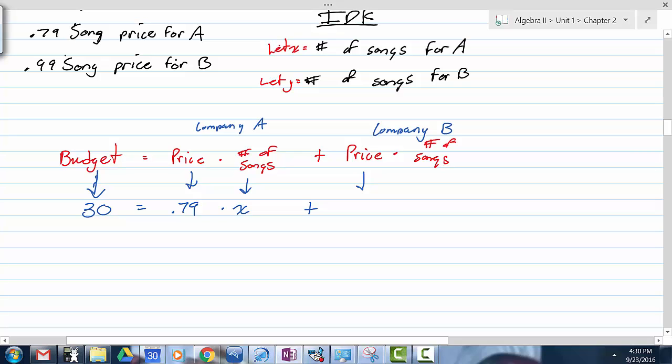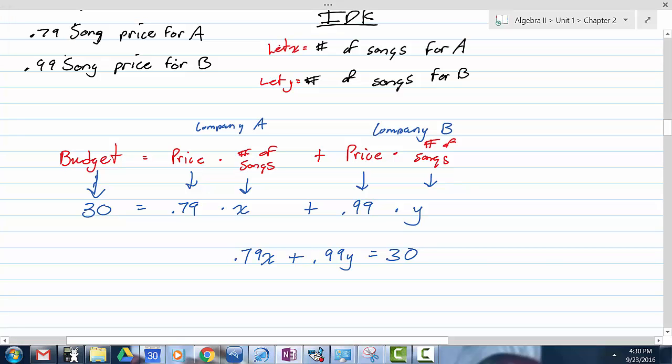Plus price for company B songs was 99 cents, number of songs, y. So really, the equation I come up with is 0.79x plus 0.99y equals 30. Not really here to solve anything, just come up with the actual model.